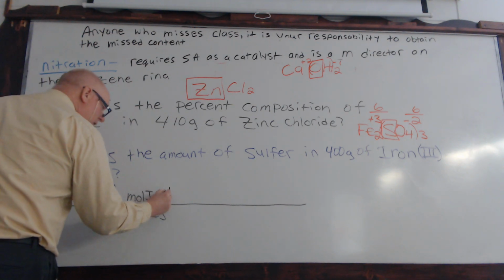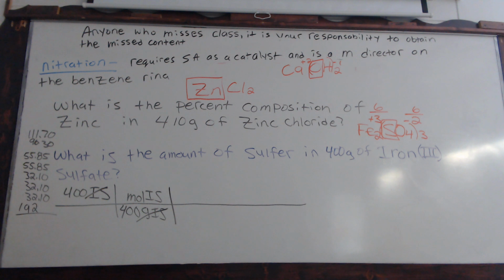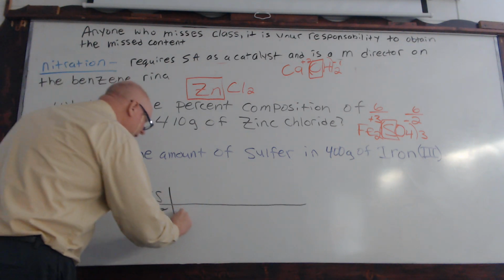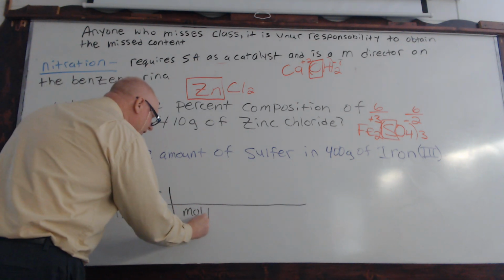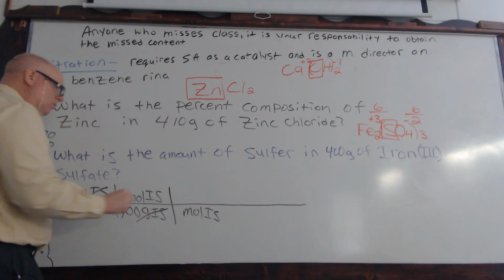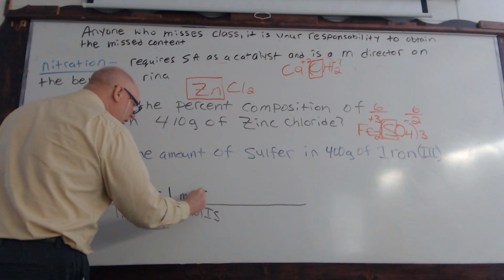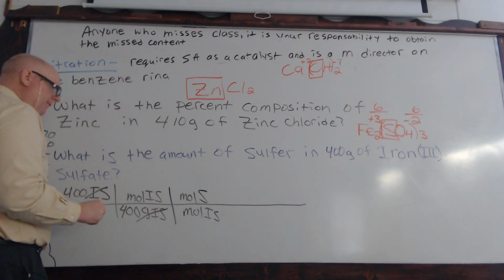So now we're in our third step. And why is this step so critical? We can change what we have, which is moles of iron sulfate, and we're going to change that to moles of sulfur.